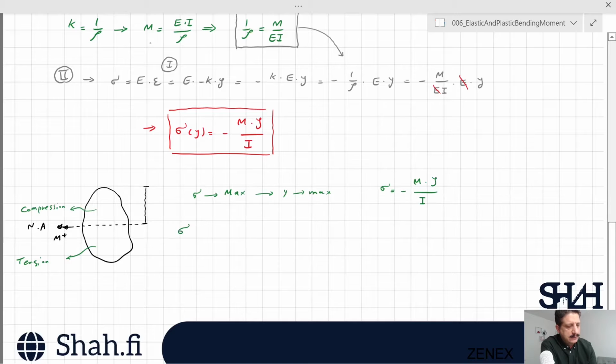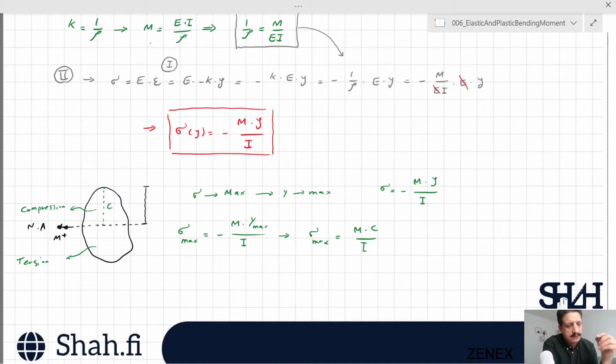So here, sigma max can be written as M times y max divided by I. If we assume that the maximum distance from the furthest point of the cross section to the neutral axis is called c, then we can say that sigma max is Mc over I. The negative sign shows that if the value is negative, then it is in compression.